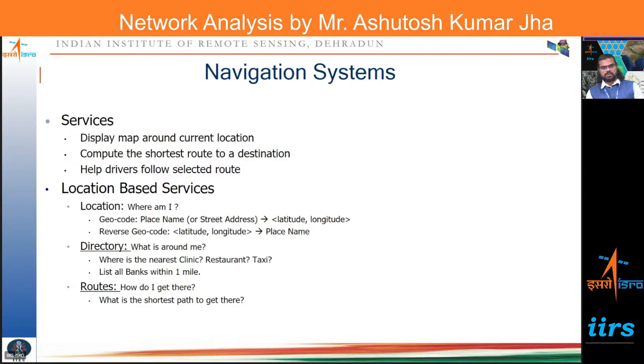This kind of service is called a directory-based search. It searches based on your network data sets, finds the distance of all these services, and the corresponding places are highlighted or displayed.